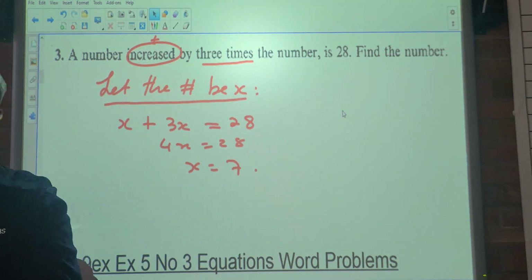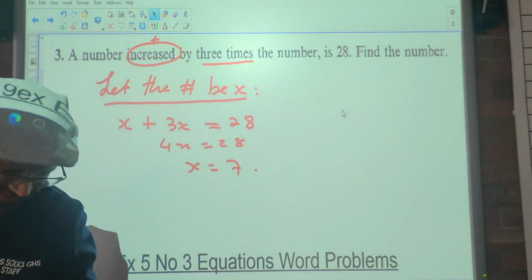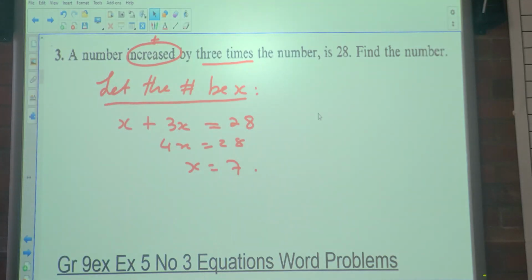Who got that one right? Okay, where did you go wrong? 3x plus 3, over 3. Why do you put over 3? Did they tell us that 3 times a number divided by 3 is 28?